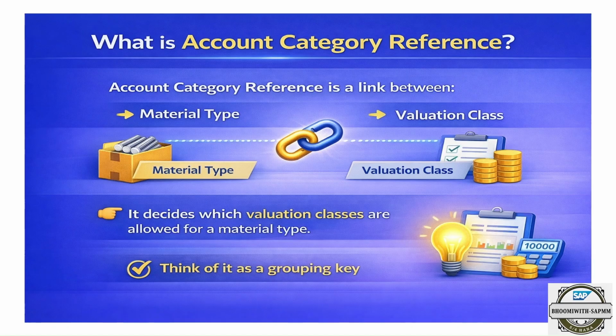For example, for a raw material, only specific valuation classes like 3000 are allowed. You cannot assign any random valuation class. So, account category reference acts as a control mechanism. It ensures correct and consistent accounting configuration.